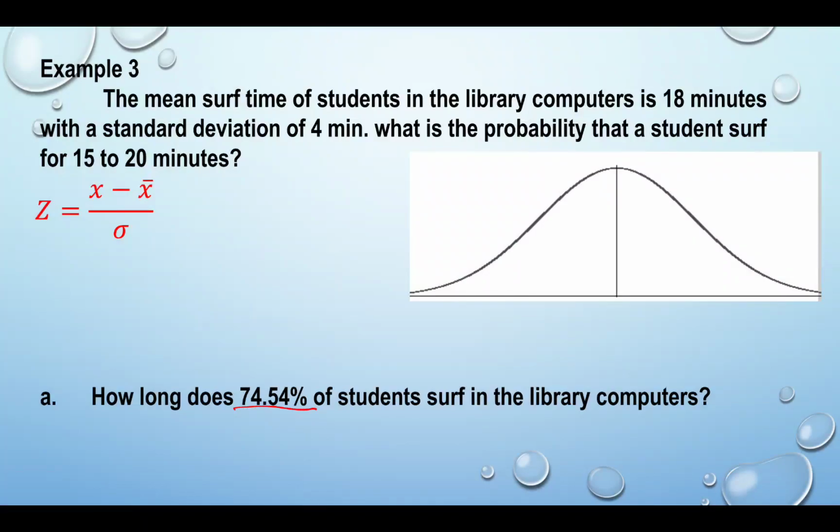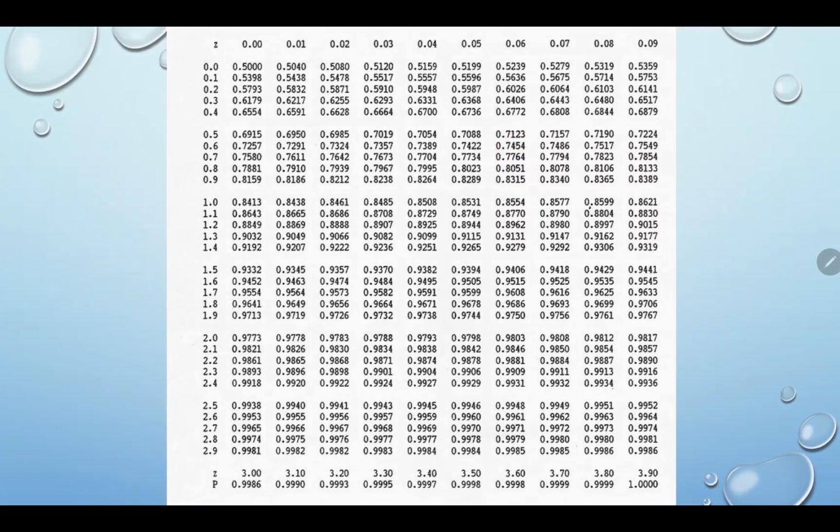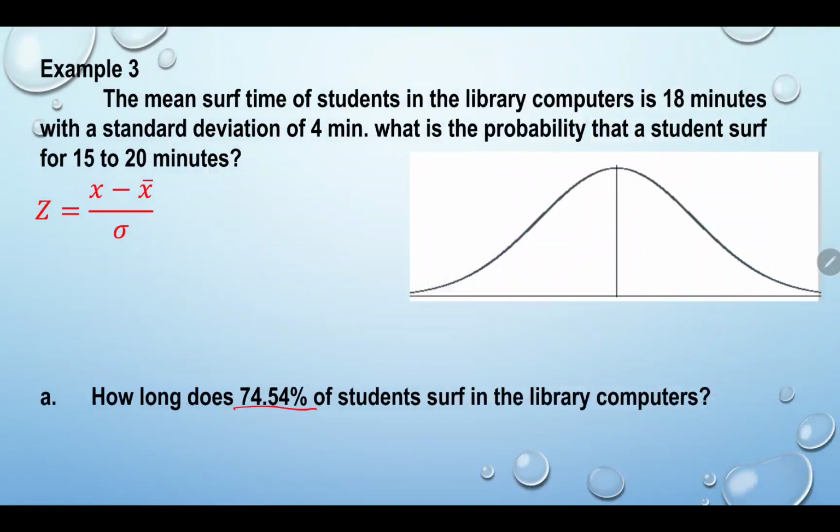That is 74.54%. It means we look at our z-table. So we just need to find it there. 7454. Here. That is 0.66. So this z equals 0.66.